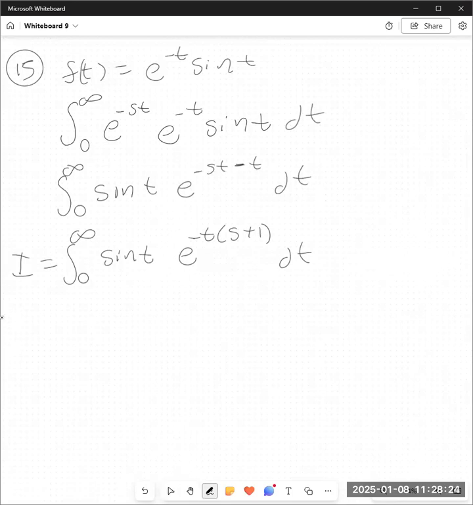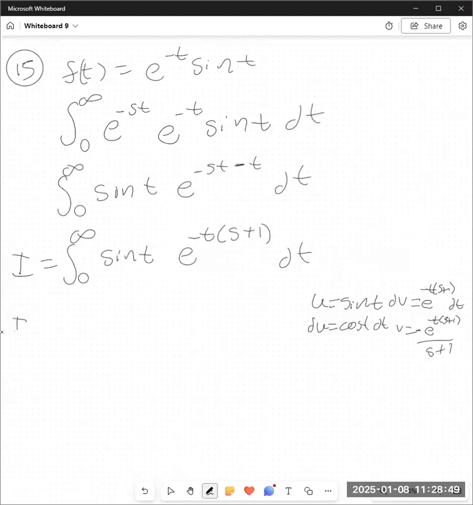My u is going to be the trig function sine of t. My du is going to be cosine of t dt. My dv is going to be e to the negative t times s plus 1 dt. So my v is going to be a negative e to the negative t times s plus 1 over s plus 1.